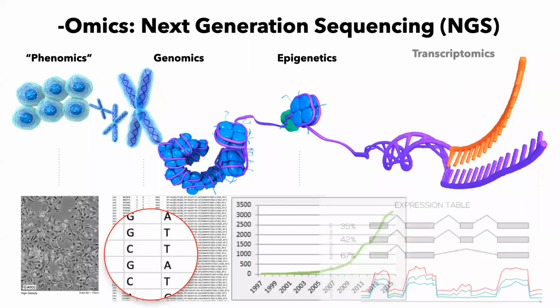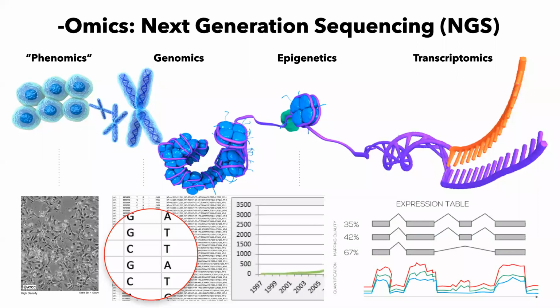But ultimately, we want to understand how the cell, which functions and grows, is regulating the different activities based on expression of mRNA, messenger RNA. That could be studied through alternative splicing, how different genes are spliced together by combining exons, as well as their level of expression, which could be studied at both tissue and single cell level.